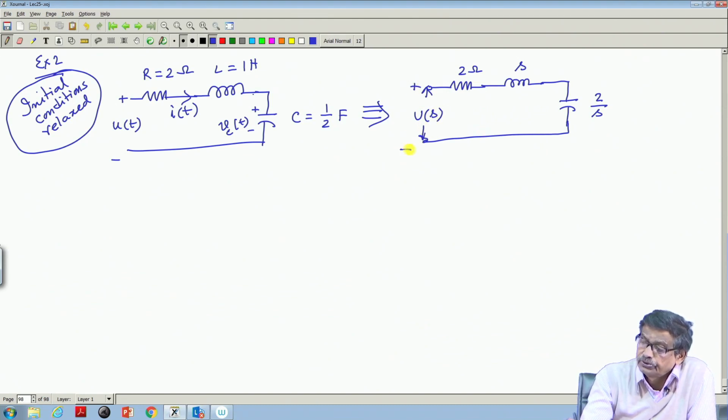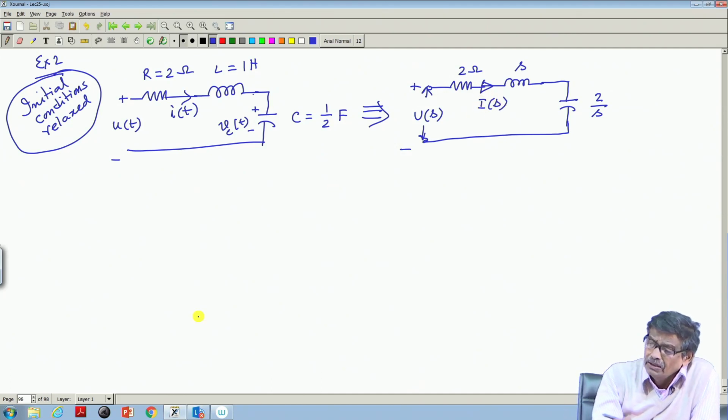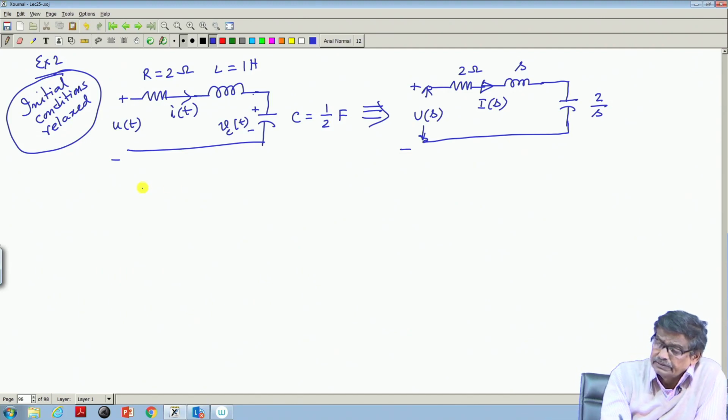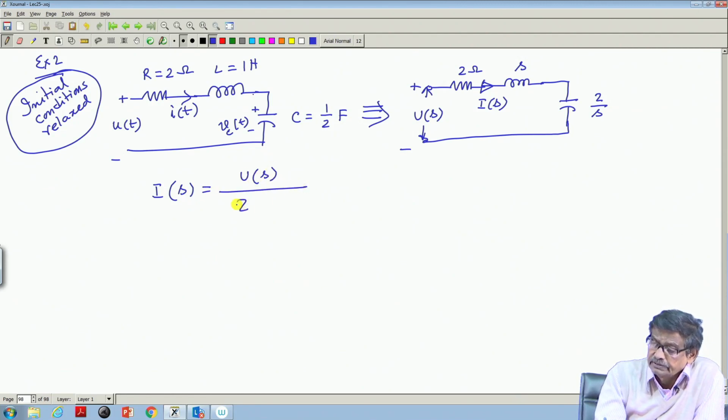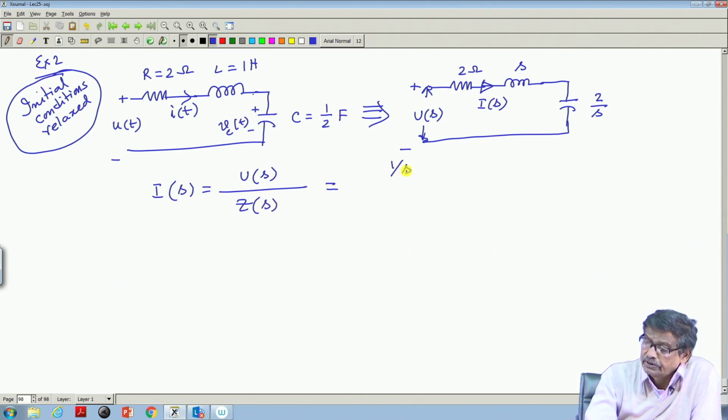Do not forget to show the sign, and this current I want to find out. So, in the same way, this current in the circuit will be I s is equal to U s divided by the impedance of the circuit, which is equal to U s is 1 over s divided by 2 plus s plus 2 by s. This will be the thing.